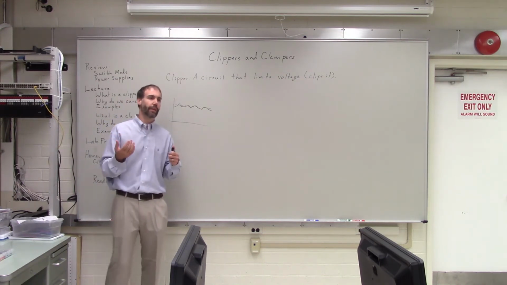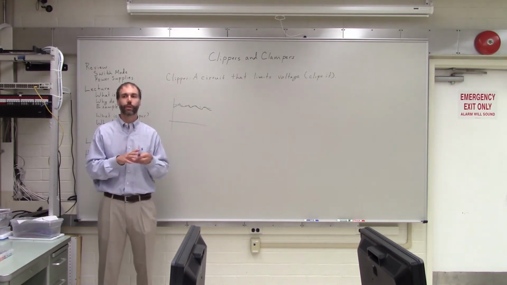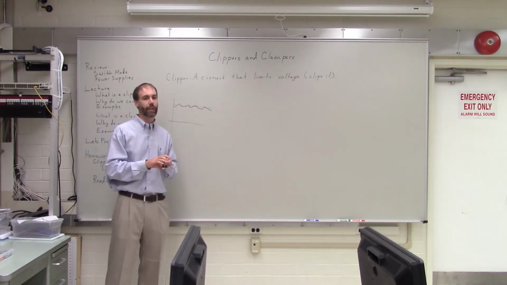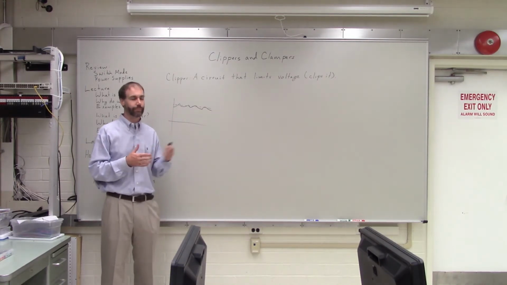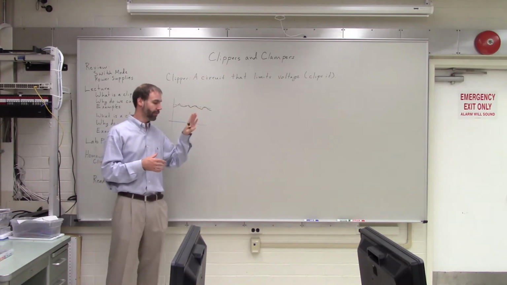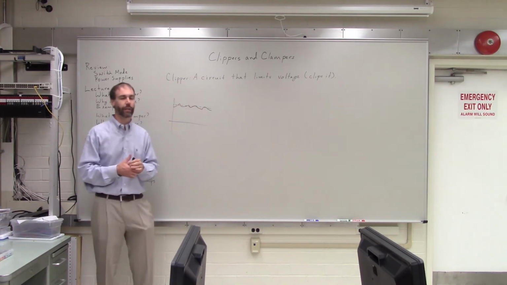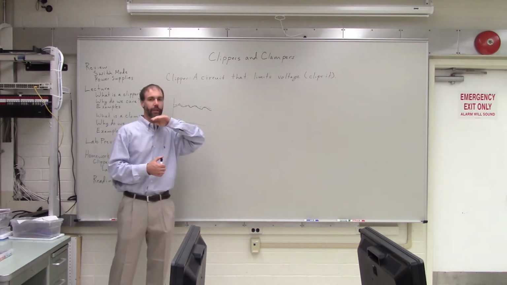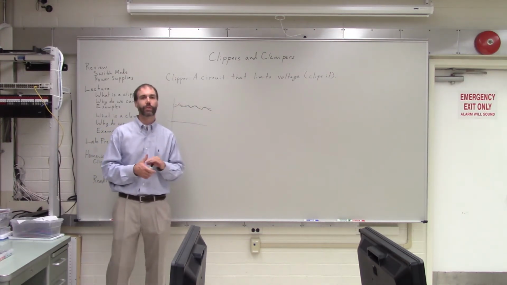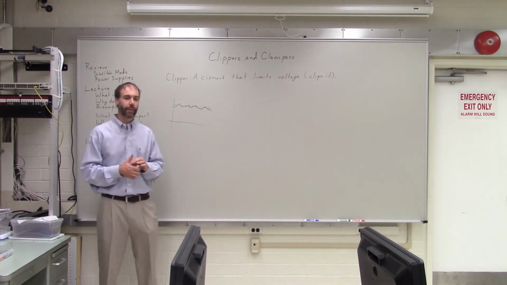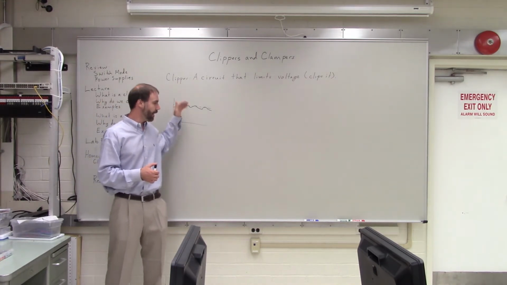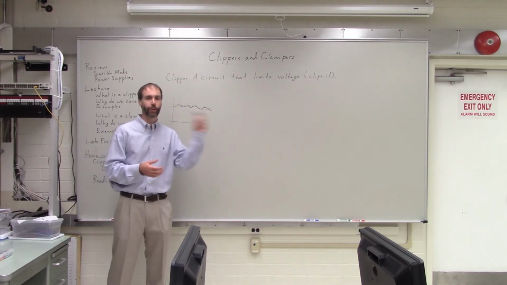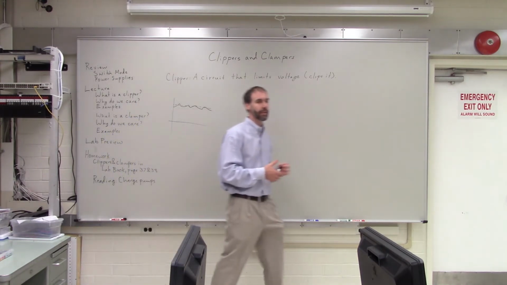If it gets to 11 volts, then components start to get fried. Well, you could put a clipper circuit at the beginning, before your expensive and delicate components, and that clipper circuit can cut off any voltage above 10 volts. Any voltage that tried to be higher than 10 volts would just go through this clipper circuit and would not get to your expensive and delicate components.